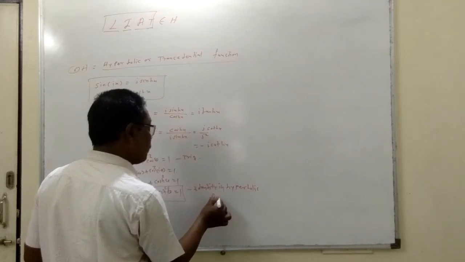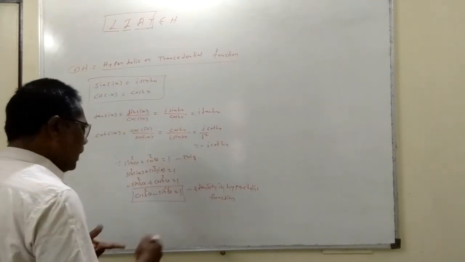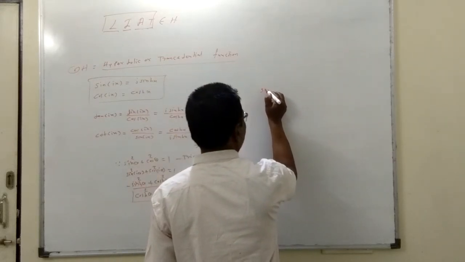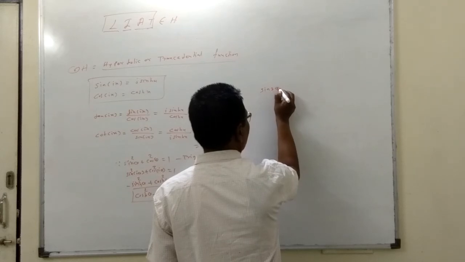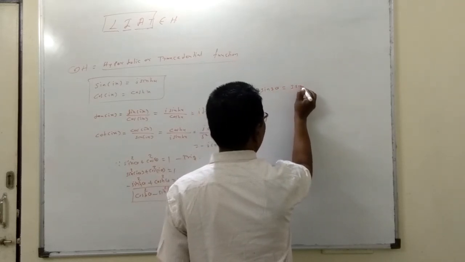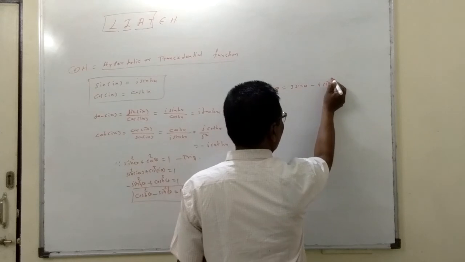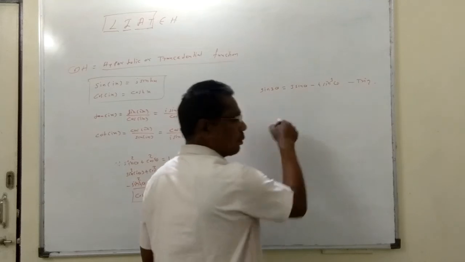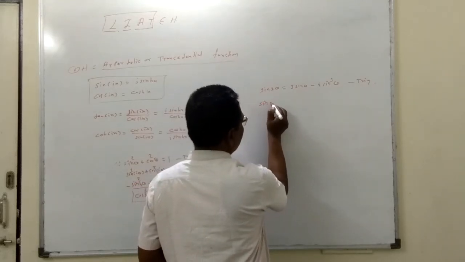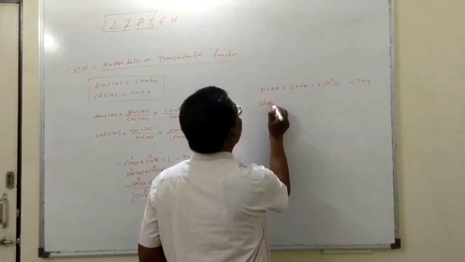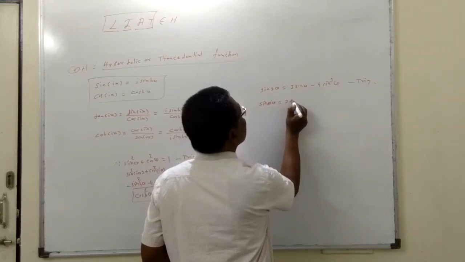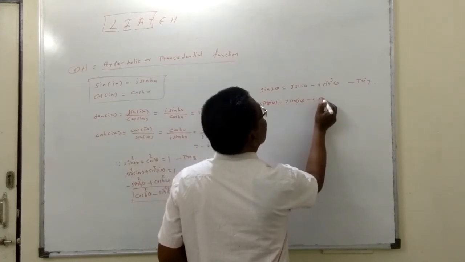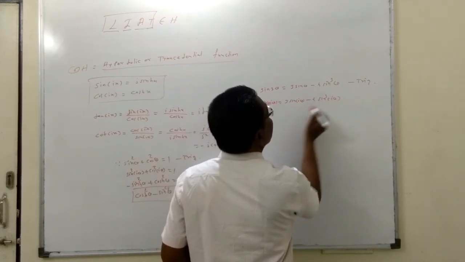Any formula you want, suppose you want to prepare the formula for sinh 3 theta, you recall the formula of sin 3 theta. Sin 3 theta is 3 sin theta minus 4 sin cube theta. This is for trigonometry. Now for the hyperbolic formula, what is the corresponding formula? Sin 3i theta is equal to 3 sin i theta minus 4 sin cube i theta.